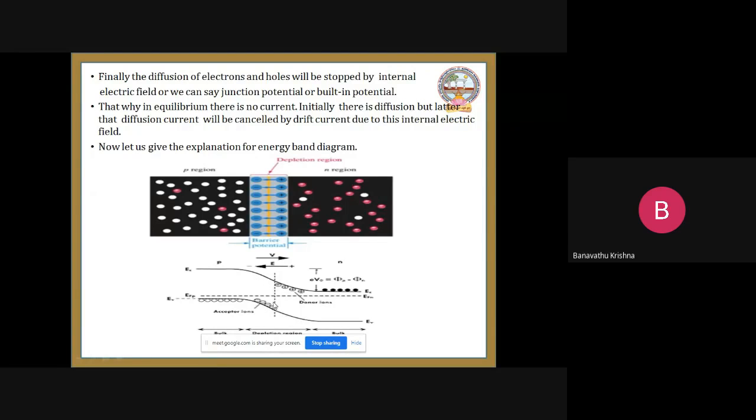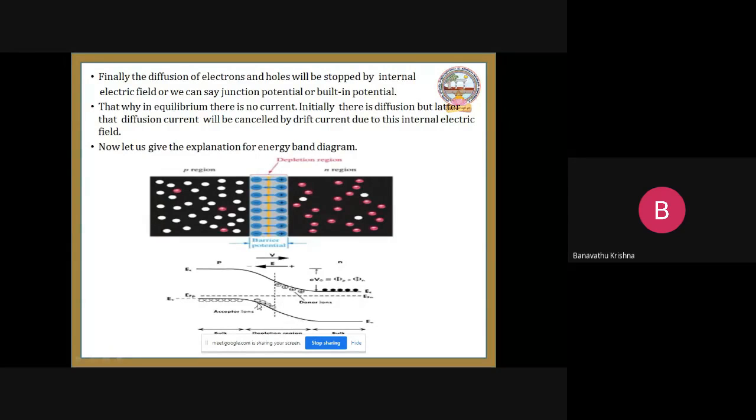When the electrons move from this side to this side, the positive ions increase near the junction, increasing exponentially like this. The holes move from the P side to the N side and leave negatively charged ions near the junction at equilibrium, so this level decreases.